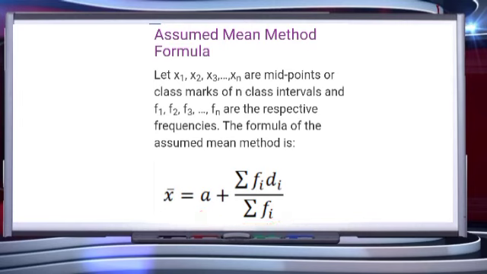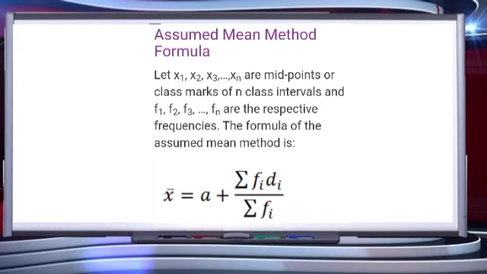Here we consider that x1, x2, x3 and so on up till xn are the midpoints of the class of n class intervals, and f1, f2 and so on up till fn are the corresponding frequencies. The formula for the assumed mean method is a, that is the assumed mean, plus summation fi di over summation fi. Summation means the sum of the whole column.